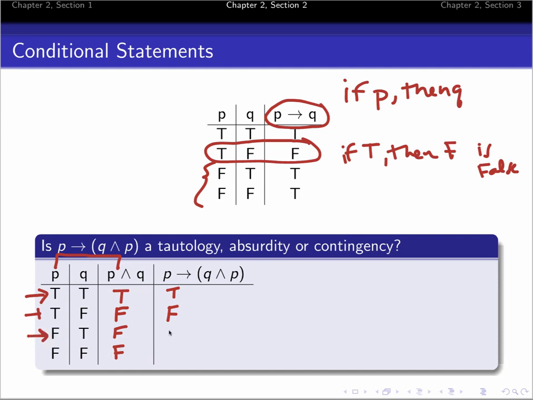Third row, I have false, false, which is true. And last one, I also have false, false. So because there are trues and falses, this is called a contingency because there are some trues and some falses. If they were all true, it would be a tautology, and if it was all false, it's an absurdity.